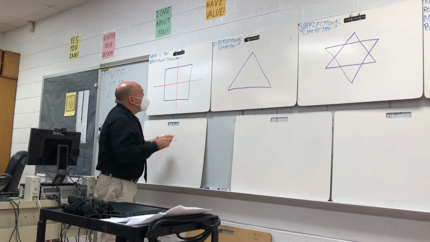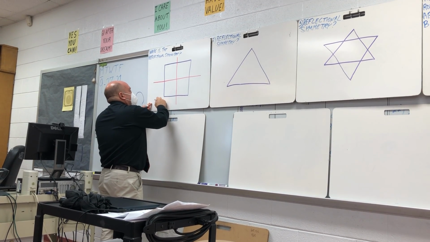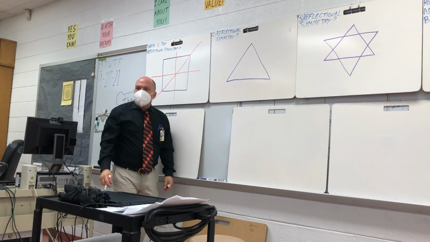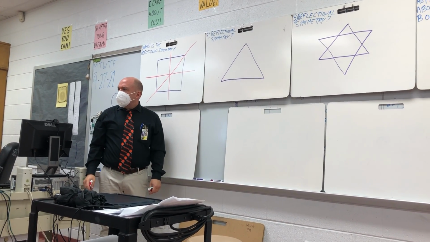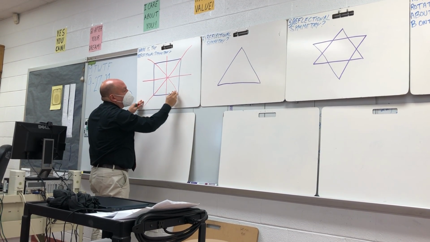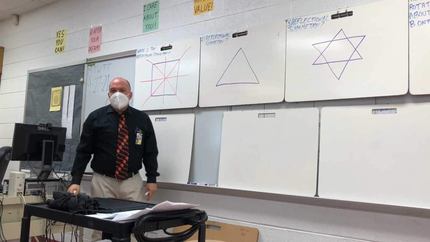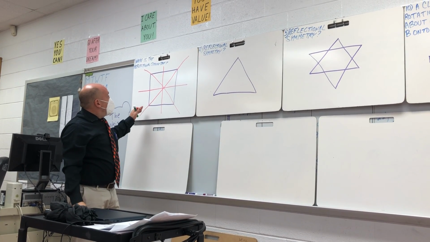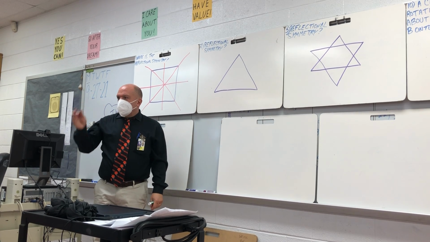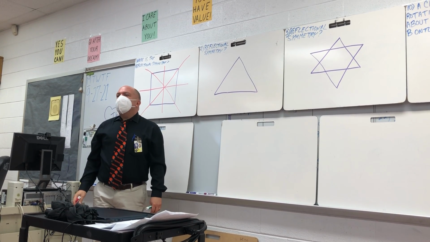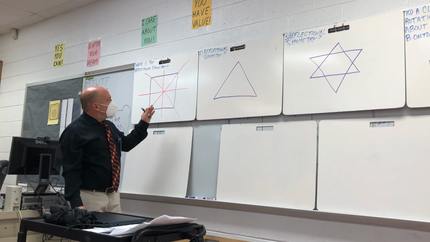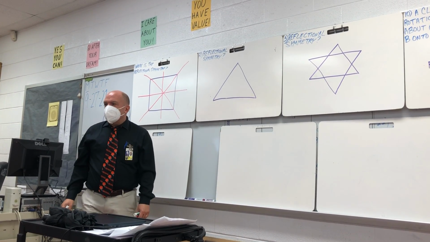Could I also put it here? Do you agree that there's symmetry there as well? There's one more, right there. Okay? So there's basically 1, 2, 3, 4 reflectional symmetries, for lack of a better term. There are 4 places where you can have reflectional symmetry.